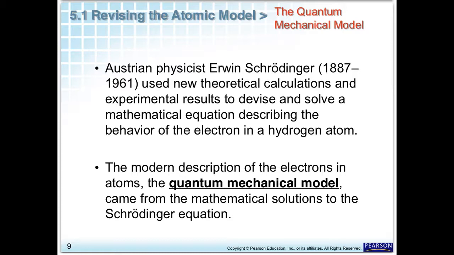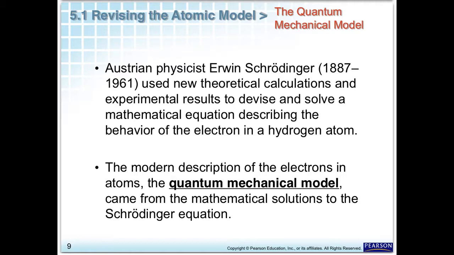Erwin Schrödinger used very complex mathematical equations to explain where electrons were in the atom. And his description of the atom is what we use today, and it is called the quantum mechanical model.